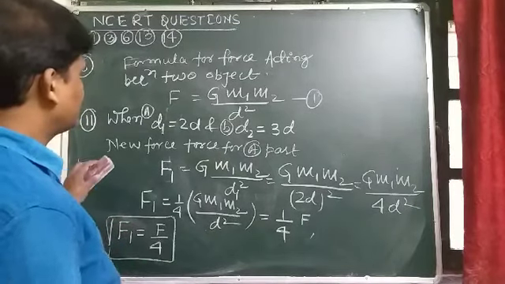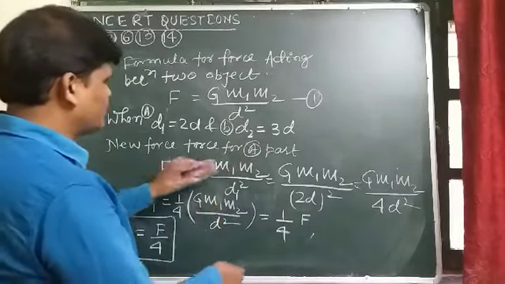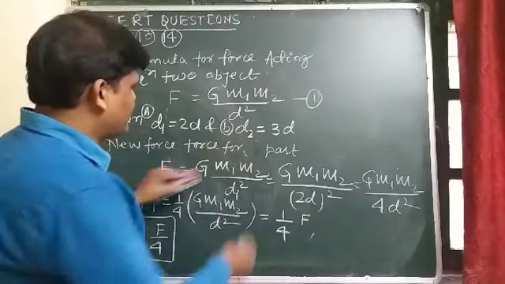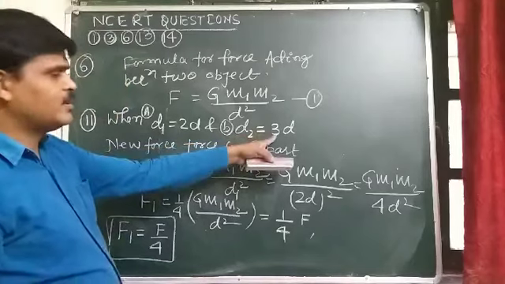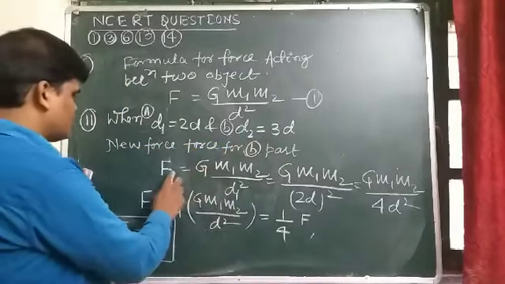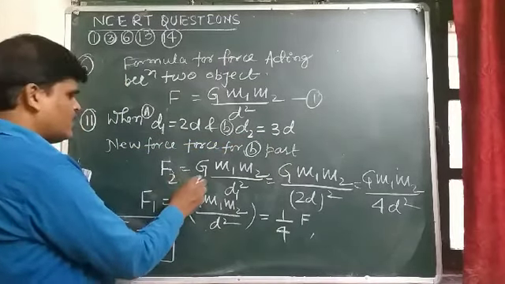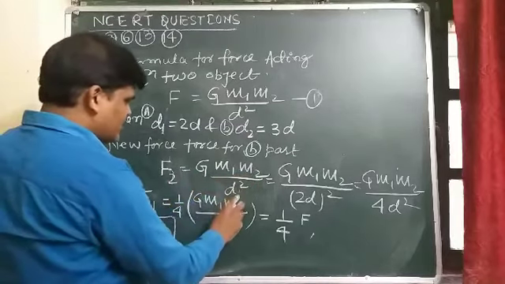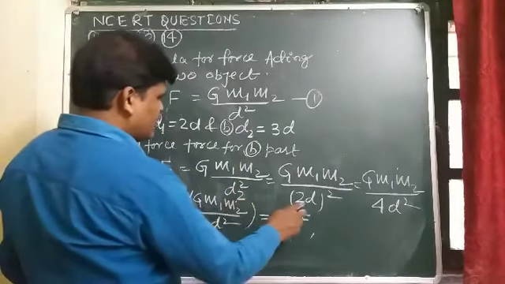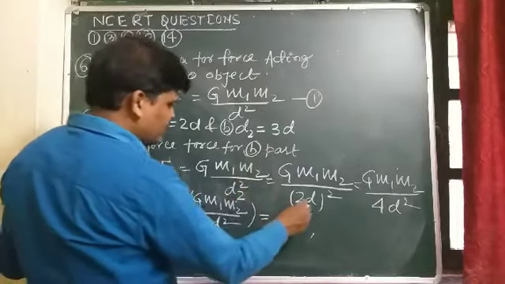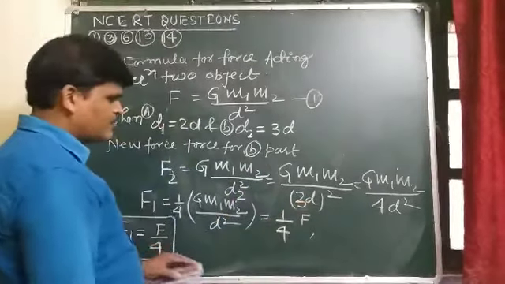Now students, the new force for part B. For part B, we put F2 equals G M1 M2 over D2 squared. D2 is the same, and in place of D2 we put 3D.